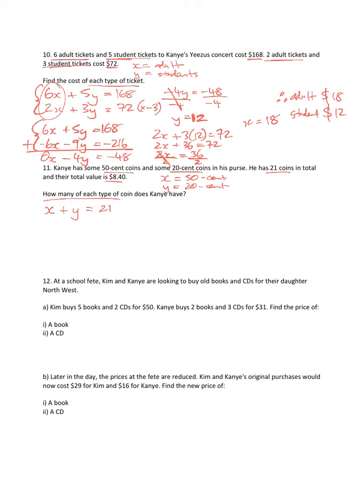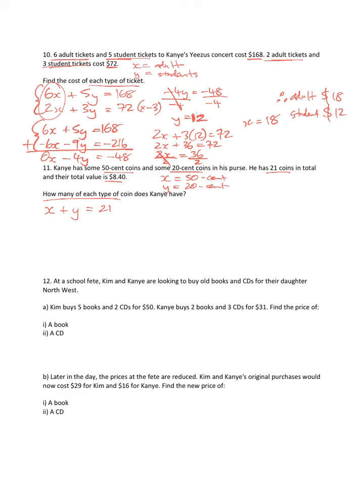Now, unlike this equation, where you were just talking about cost the whole time, here you're talking about the number of coins in one equation and the cost in the other. Why can we do that? Because we know the value of the 50-cent coins and the 20-cent coins. So what's the value of one 50-cent coin going to be? 0.5. How about I don't know how many coins there are?